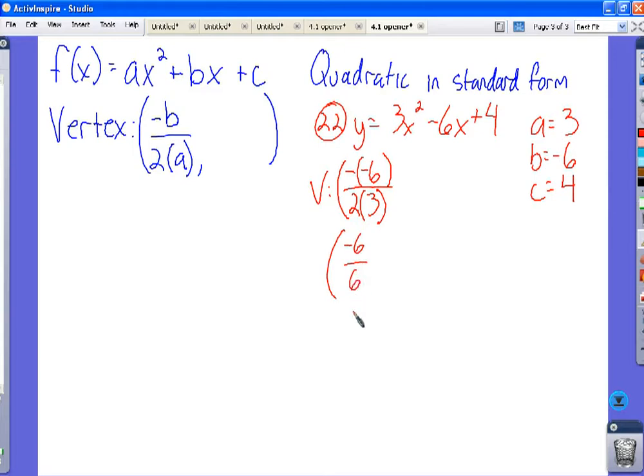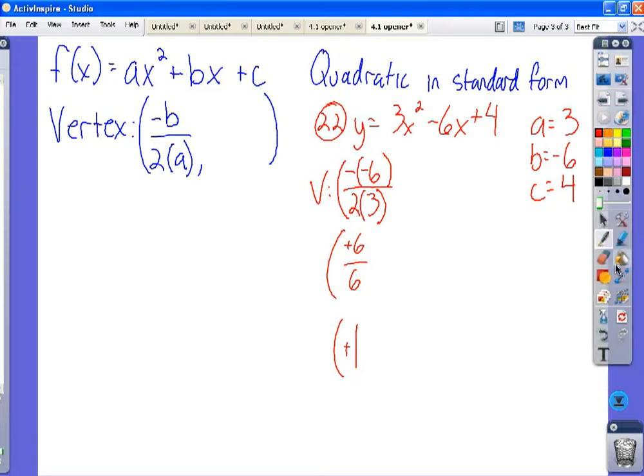We get negative 6 over 6. Oh, yes, positive 6, positive 6 over 6. We get a positive 1. Well, that's the x part of the vertex. It's nice that there's that little formula that tells us that. But we need the y part of the vertex.